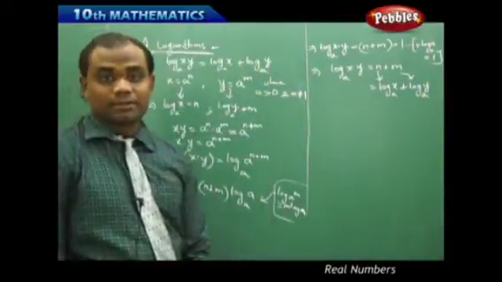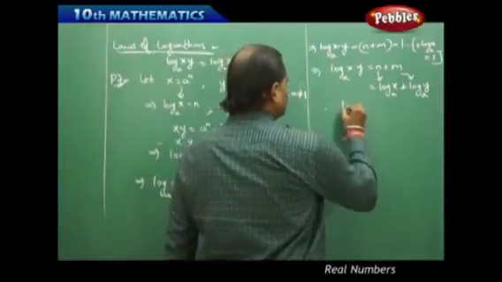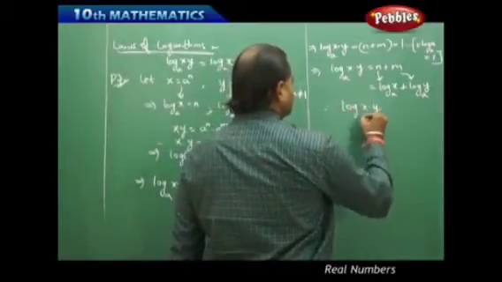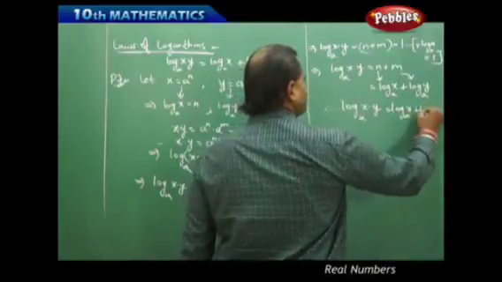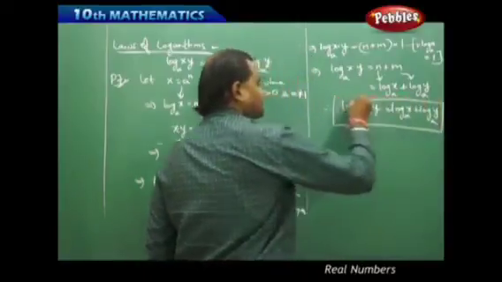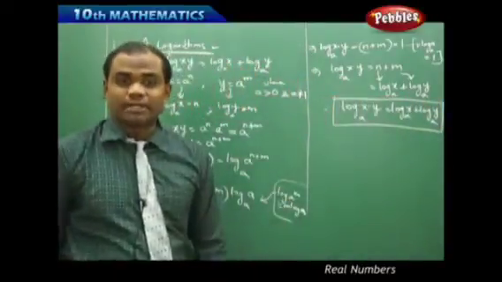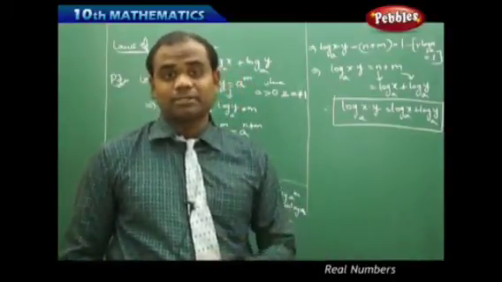Therefore, finally, I conclude that my left hand side, which is log xy to the base a, is log x to the base a plus log y to the base a, thus deriving finally a formula which states that log ab is log a plus log b, provided the base is same.